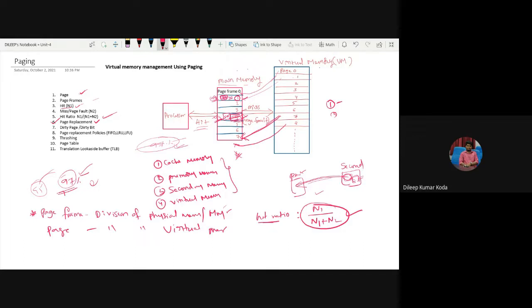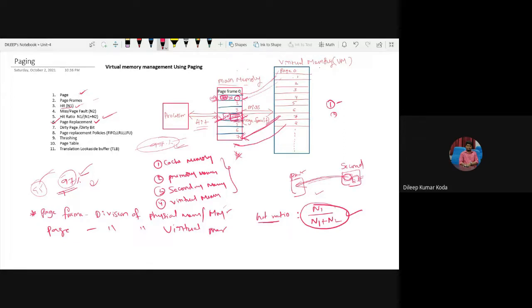Whenever there is a page fault and there are no empty frames available in the main memory, an old page from main memory is replaced by a new page via virtual memory. This is called page replacement. I repeat, whenever there is a page fault and there are no empty frames available in the main memory, the old page from the main memory is replaced by the new page via virtual memory.